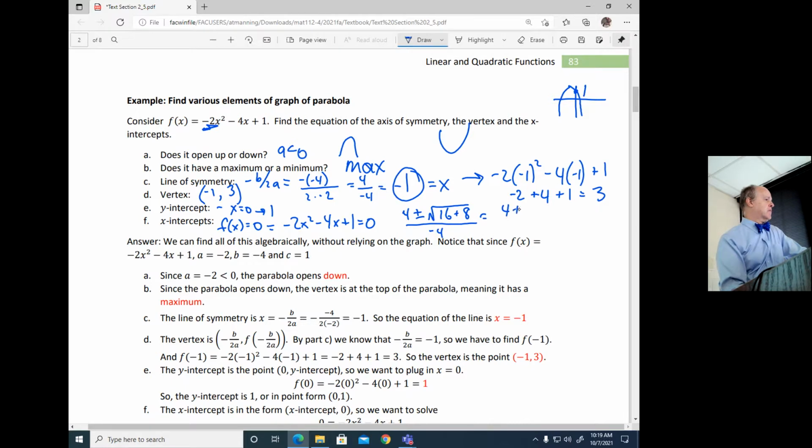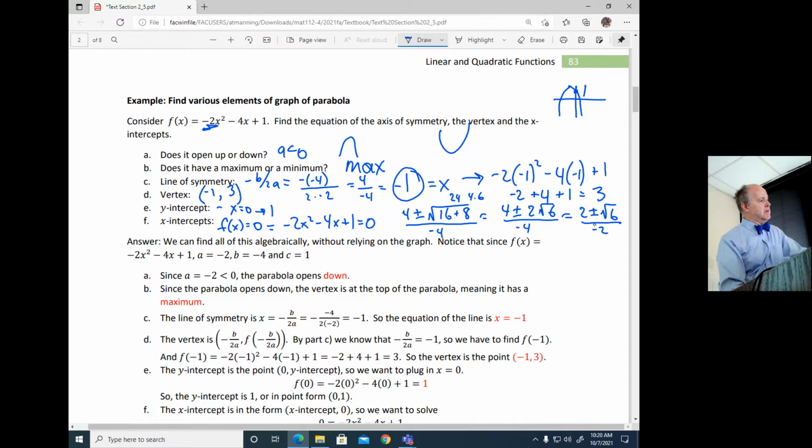4 plus or minus, well, let's see, 24 is 4 times 6, and there's no other squares except a 2 squared in there. So 4 plus or minus 2 square root of 6, all over negative 4. Factor out a 2: 2 plus or minus square root of 6 over negative 2.